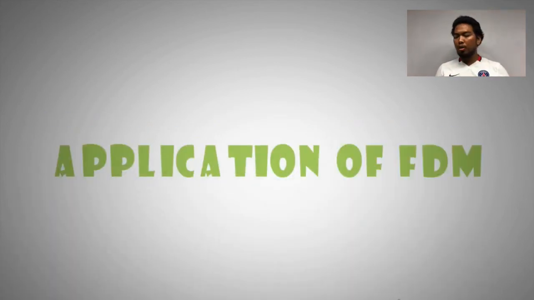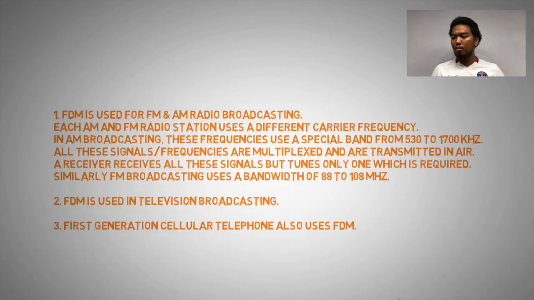The applications of FDM. Number one, FDM is used for FM and AM radio broadcasting. Each AM and FM radio station uses a different carrier frequency. In AM broadcasting, these frequencies use a special band from 530 to 1700 kHz.